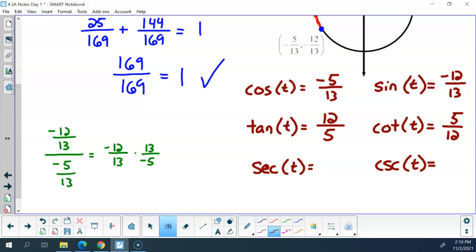Okay. Could I write it as negative 13/5? Cosecant then. It's what? I missed the negative part the first time you said. It sounded like you had just said 13/12. And I'm like, whoa, they're not perpendicular.